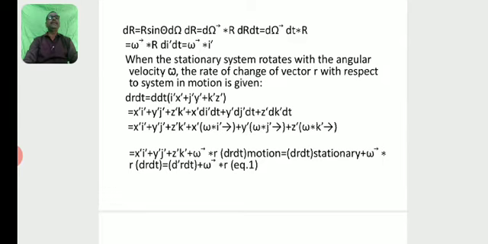So dr by dt is equal to d dash r by dt plus omega into r. Let this be equation number 1.